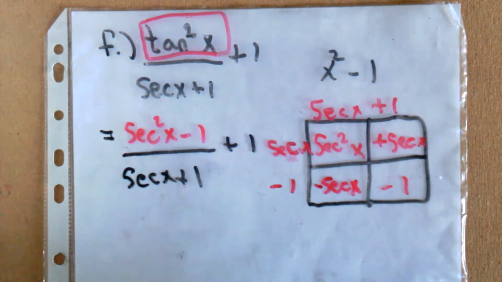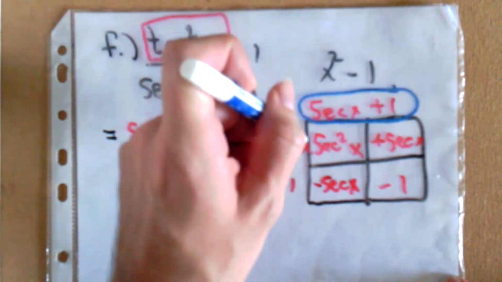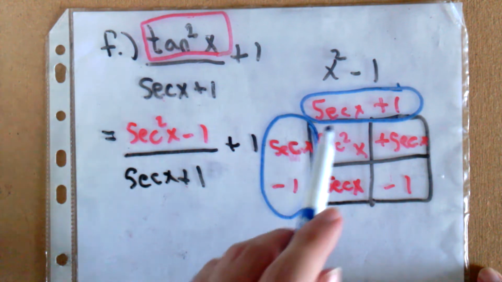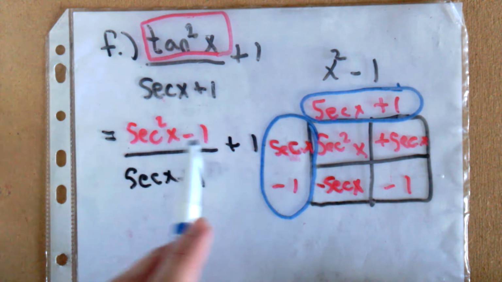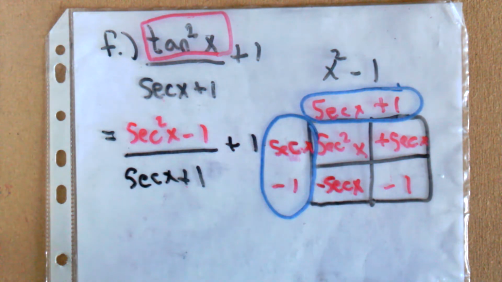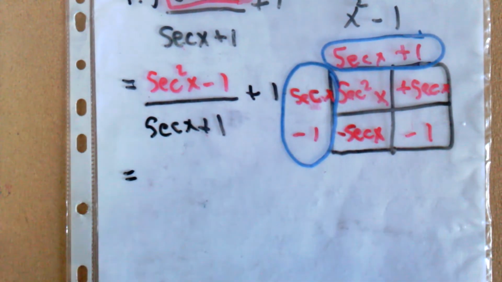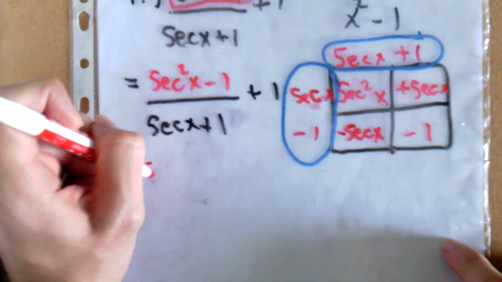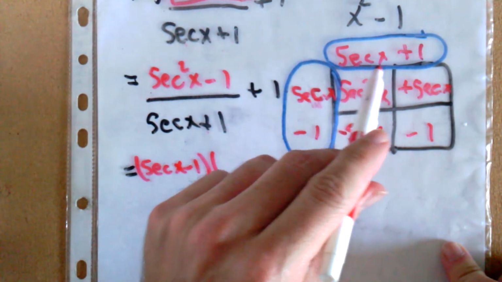So it works. That tells us that our factors for secant squared minus 1 are secant plus 1 and secant minus 1, which just means that secant minus 1 times secant plus 1 gives us secant squared minus 1. So we can replace secant squared minus 1 with our two factors. In other words, we can rewrite our equation as secant minus 1 times secant plus 1.